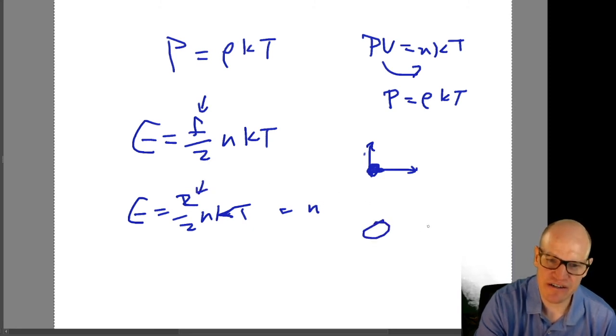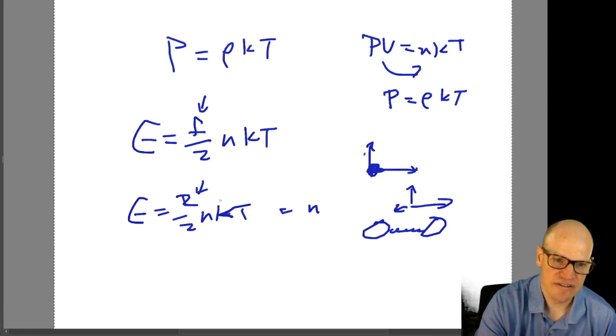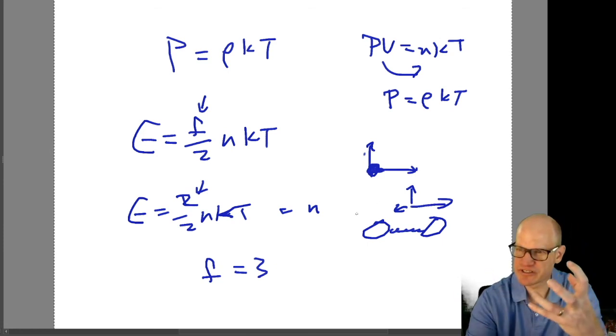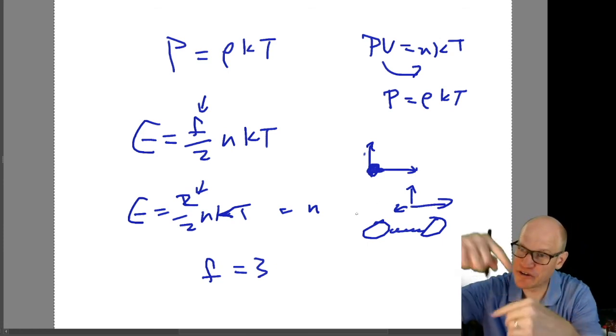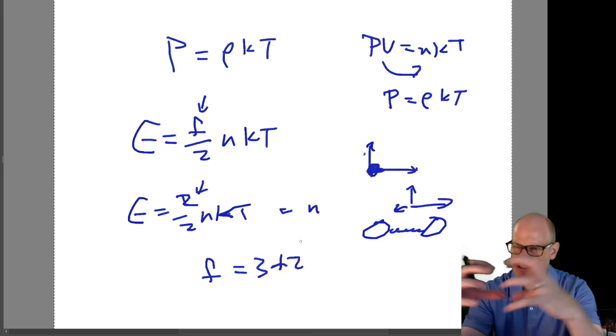If you have a diatomic molecule like nitrogen, not only can it translate in all 3 dimensions, so that's 3 degrees of freedom for the 3 spatial dimensions, but it can also spin around 2 different axes, so plus 2, plus it can oscillate.